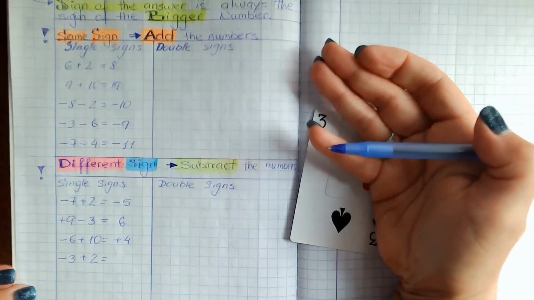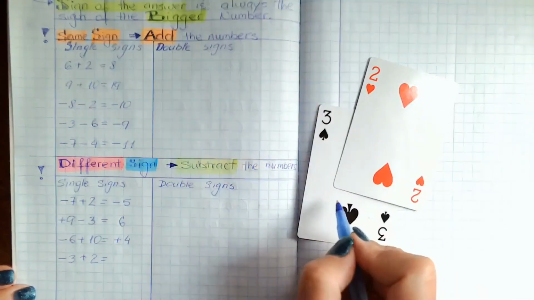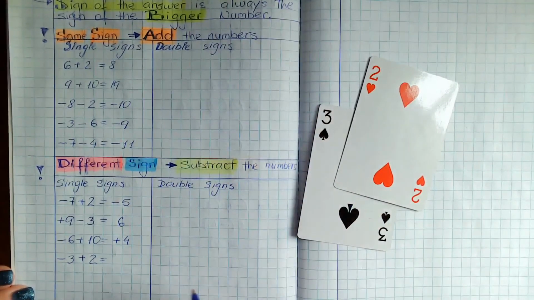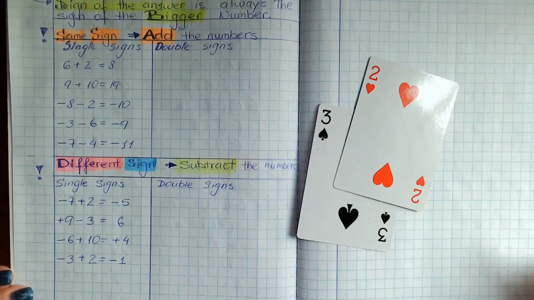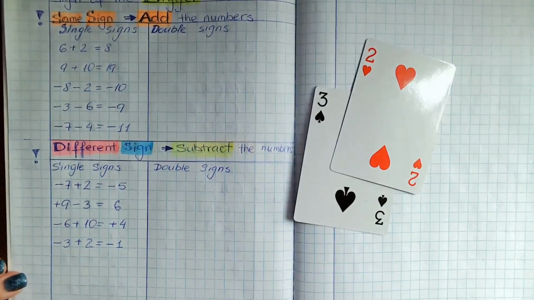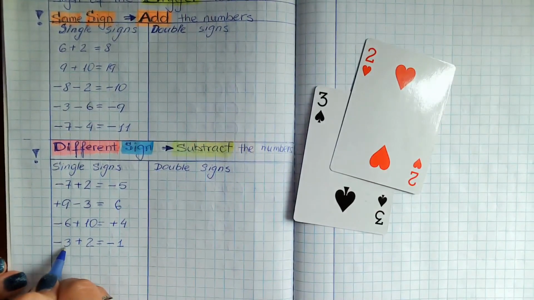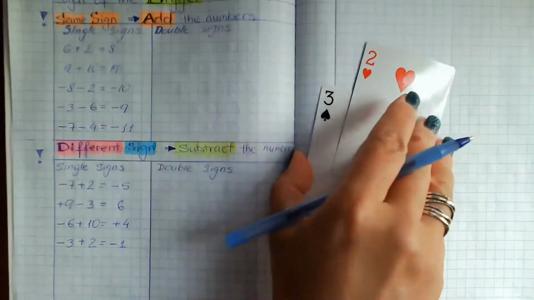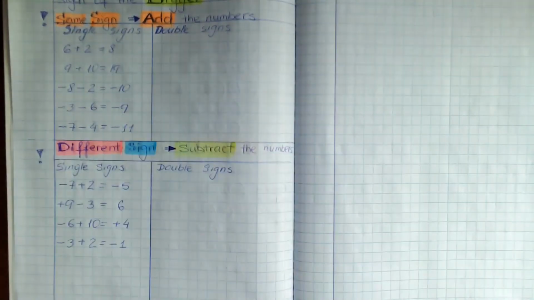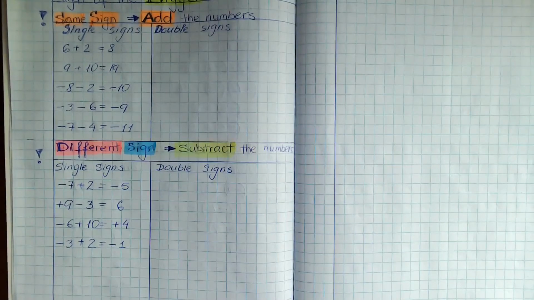Cancel out. What's left is your answer, negative 1. Opposite colors cancel each other. Opposite signs cancel each other. So 2 positives will take out 2 negatives from here. What will be left is 1 negative. Making connection with the visual interpretation of the number and the rule.